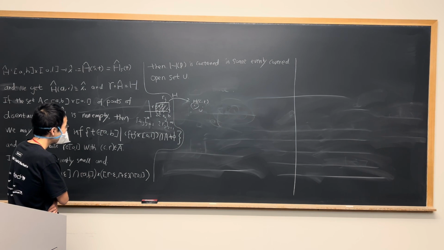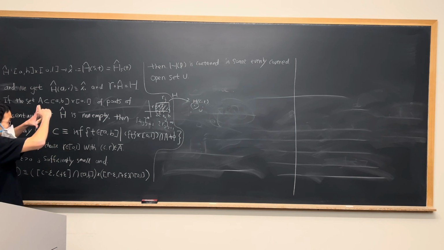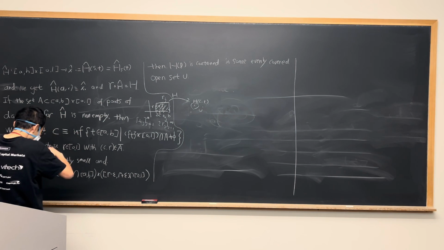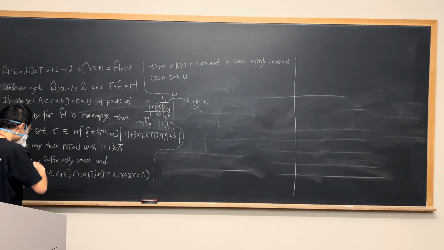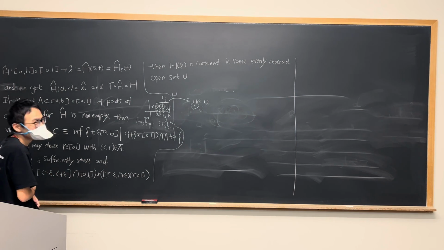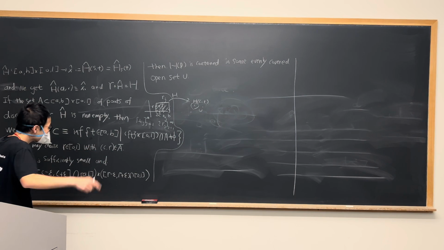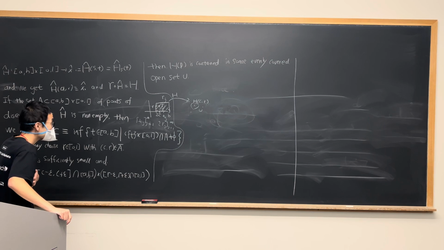For that open set in R^2, you can pick a ball, and then you can pick a square, and the square intersect that sits inside this open set. Roughly speaking, that's the idea.